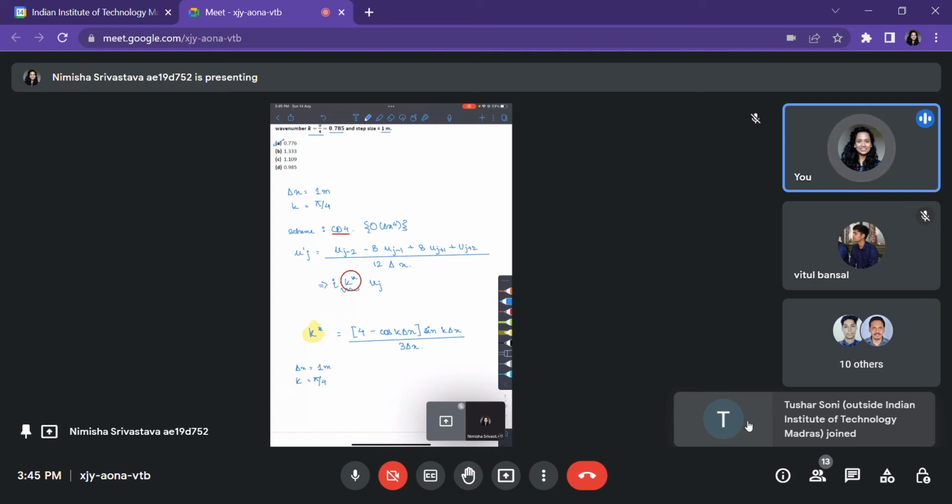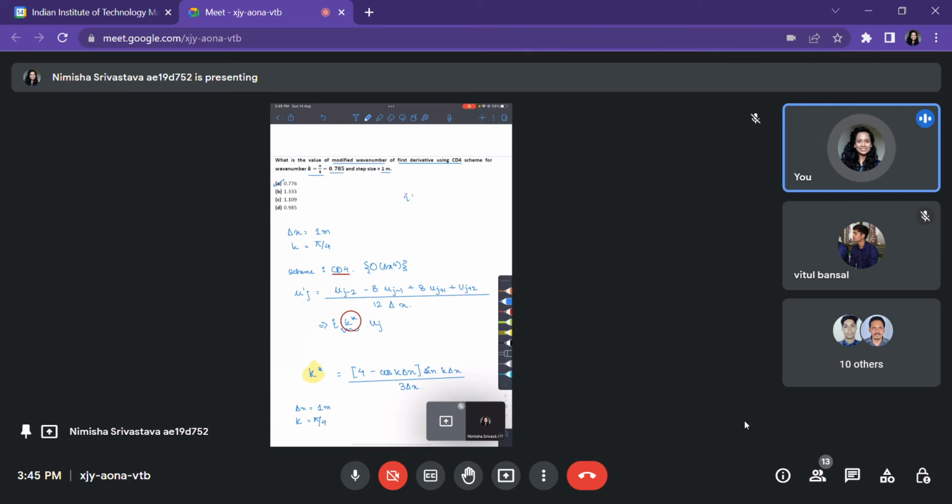Then you'll be able to see your wave number in the derivative itself in the form of iota k uj. So you are able to identify that this is your wave number. Now, using a similar approach, you calculate du by dx again and again using your different schemes, and then whatever is left, you resolve your function so that you get something like this, and you compare it. It's very simple in that respect.